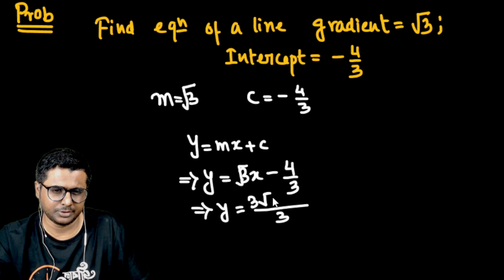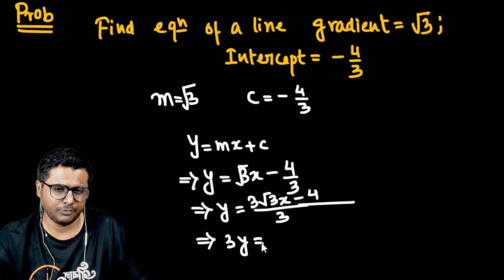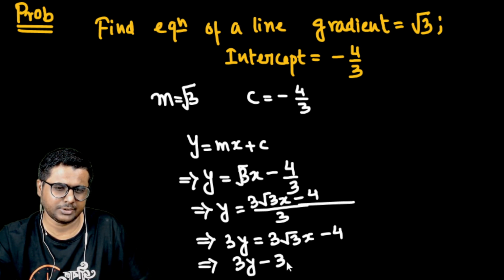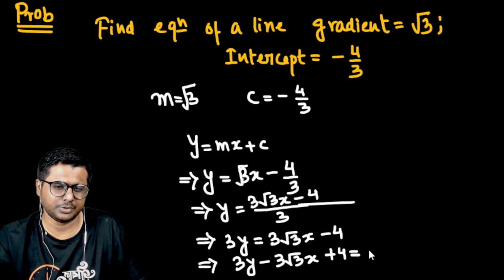So 3y is equal to 3 root 3 x minus 4. Okay. So 3y minus 3 root 3 x plus 4 is equal to 0. This is the equation of the straight line.